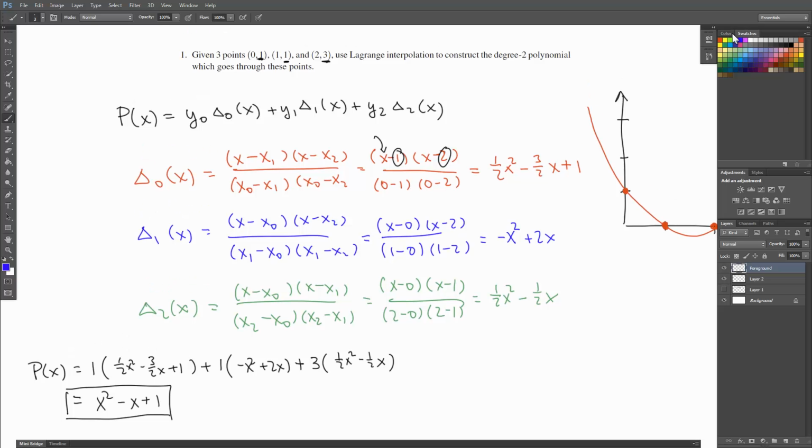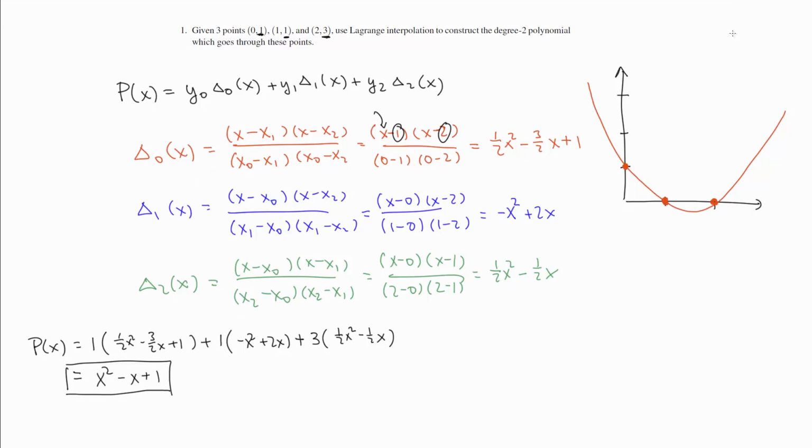Similarly, we know that delta 1 has roots at 0 and 2, and plugging in 1 for x will give us 1. So the quadratic looks like this.